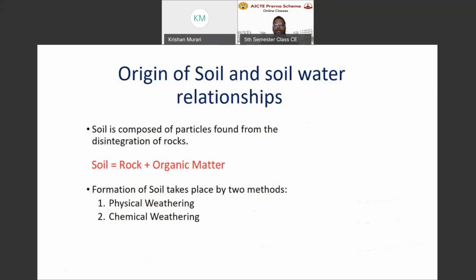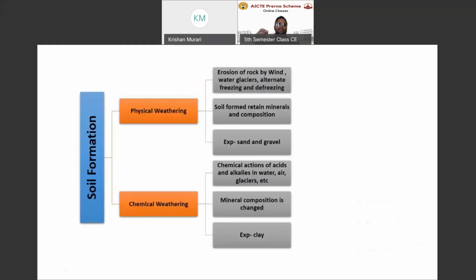Weathering is of two types. First is physical weathering, and second is chemical weathering. Physical weathering is done by erosion of rock by wind, water, glaciers, and the alternate freezing and thawing process. When wind blows at a high velocity, it transports particles from one place to another.